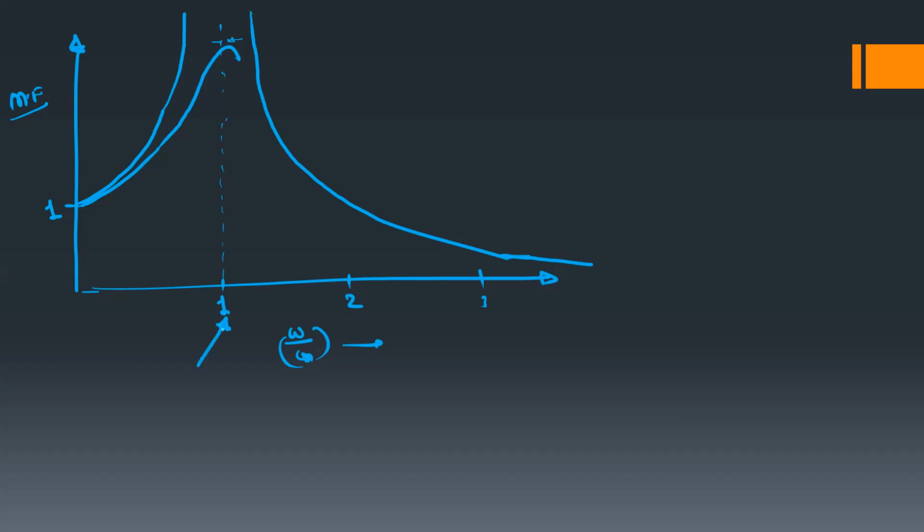This is called the resonant frequency condition. So this is for zeta 0.1. If you further increase the value of zeta, here zeta is 0.2. So this peak value is on the right side.